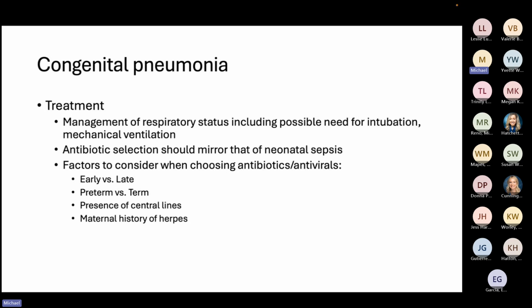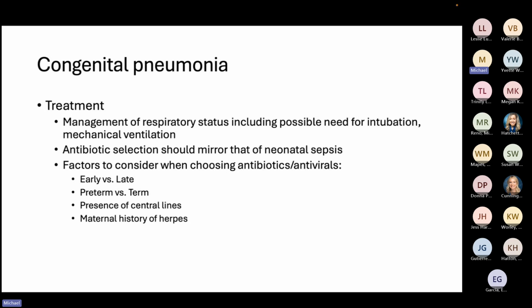And then the factors to consider when choosing antibiotics or antivirals. Are you early or late, meaning are you under 3 to 7 days, or over 7 days of life? Is the baby preterm or term? Typically, premature infants need broader coverage compared to term infants.